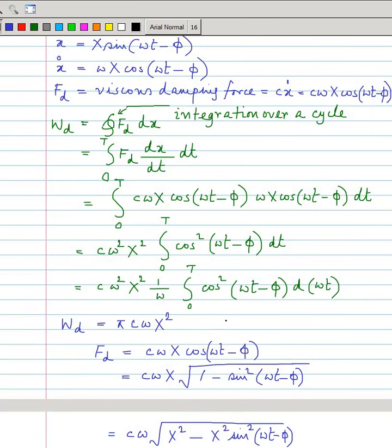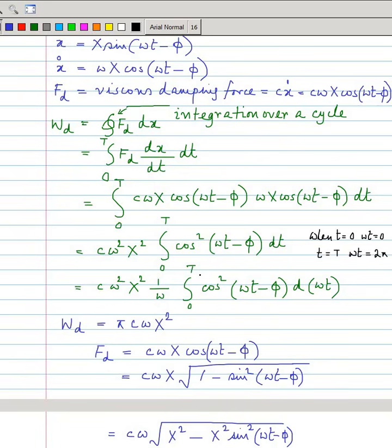Though we have made this change, it should be: when t equals 0, omega t is 0, and when t equals capital T, omega t is equal to twice pi.